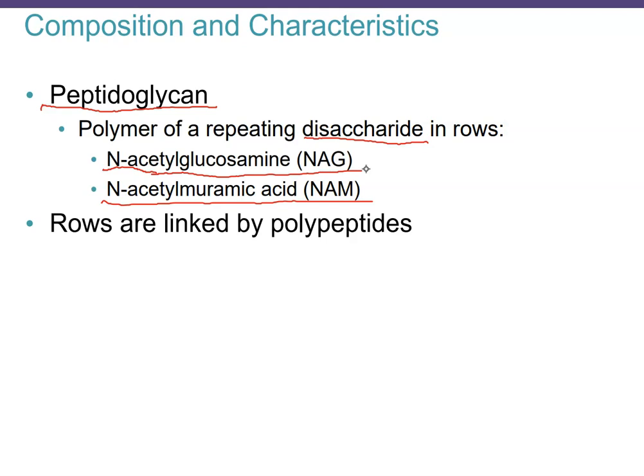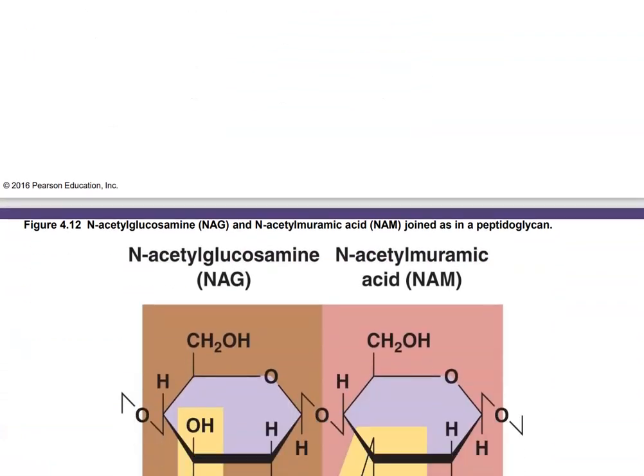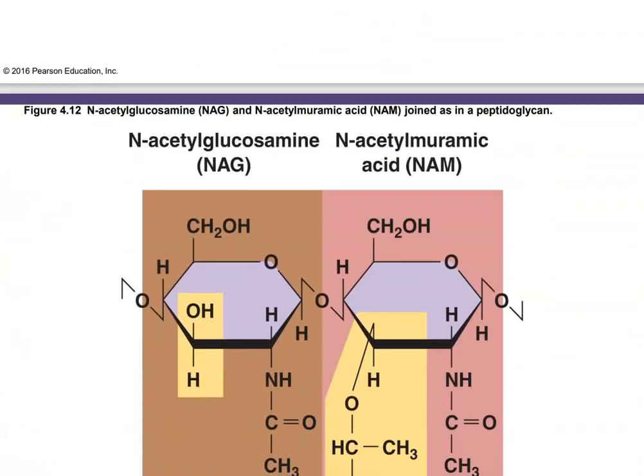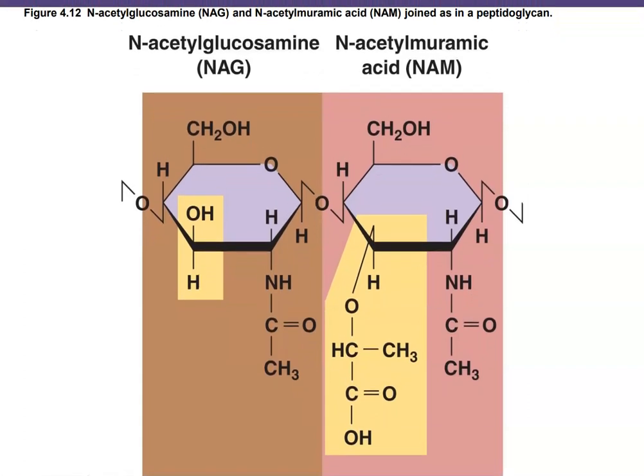These rows of carbohydrates are linked by polypeptides, which are composed, of course, of amino acids. That would be a protein type of chemical. Here is the NAG and NAM component. These are disaccharides: N-acetylglucosamine, NAG, and N-acetylmuramic acid, NAM, linked by a glycosidic bond.